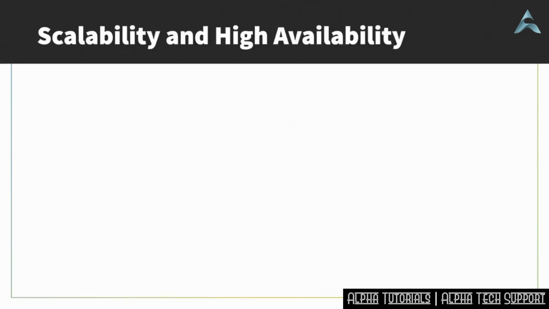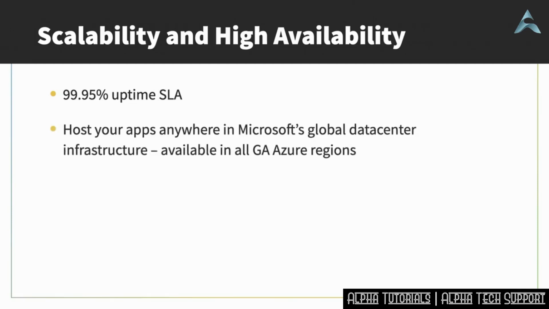All this service is also very scalable and also has high availability. So in terms of availability, there is an SLA of an uptime of 99.95. And in terms of scalability, we can host our applications anywhere in the Microsoft global data center infrastructure.